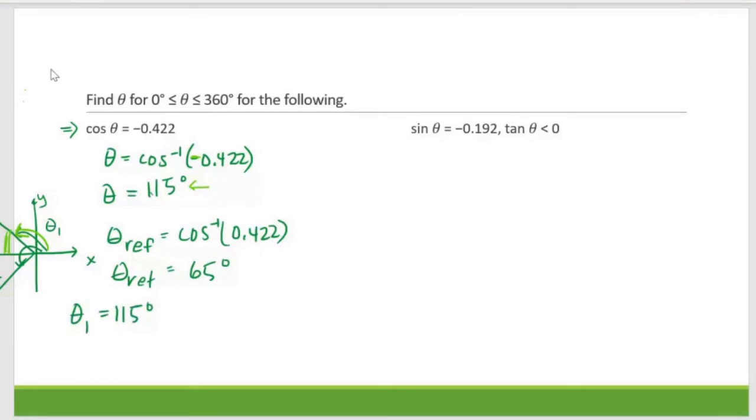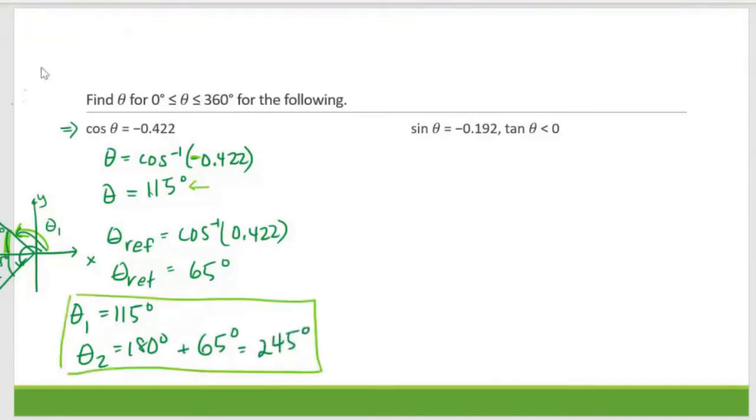And even if we hadn't found the reference angle, we could calculate it by taking 180 degrees and subtracting 115 degrees. The reference angle on both sides will, of course, have the same value. So we'll have an angle of 65 degrees up here, as well as down from that negative x-axis. So theta 2 has a value of 180 degrees plus 65 degrees, or 245 degrees.